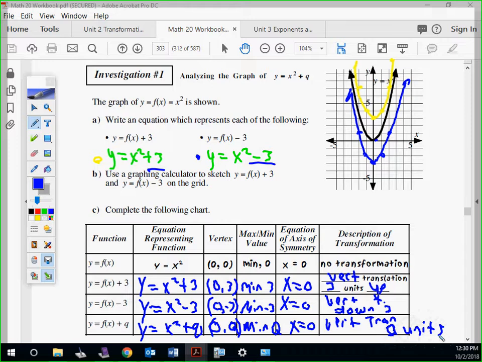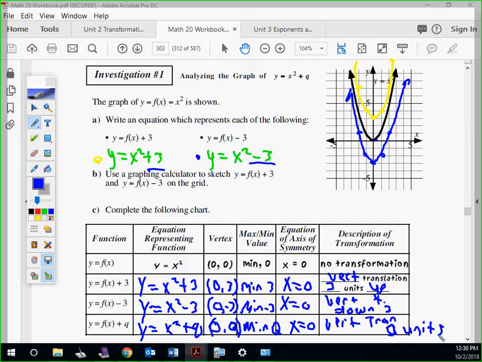I know it's getting hard to read down there. This pen's been getting a little sketchy on me. So x squared plus q, 0, q is the vertex, the min is q, x equals 0 is still your axis of symmetry, vertical translation q units. You can put q units up since it's a plus, but if you just put q units, that covers it if it was a minus q. So that works as well.